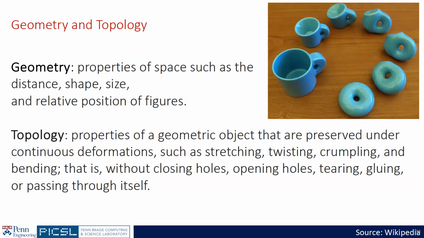Topology is basically, think of it as some kind of geometric property of a geometric object, which gets preserved when you do some kind of deformation on a shape. So if I'm trying to stretch a particular 3D object, or twist it, crumble it, or any kind of deformation, what survives that process, you can think of it as topology.